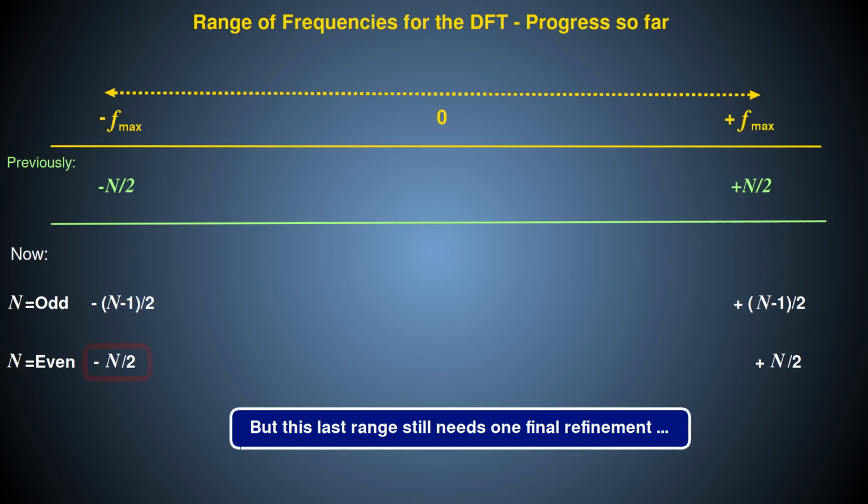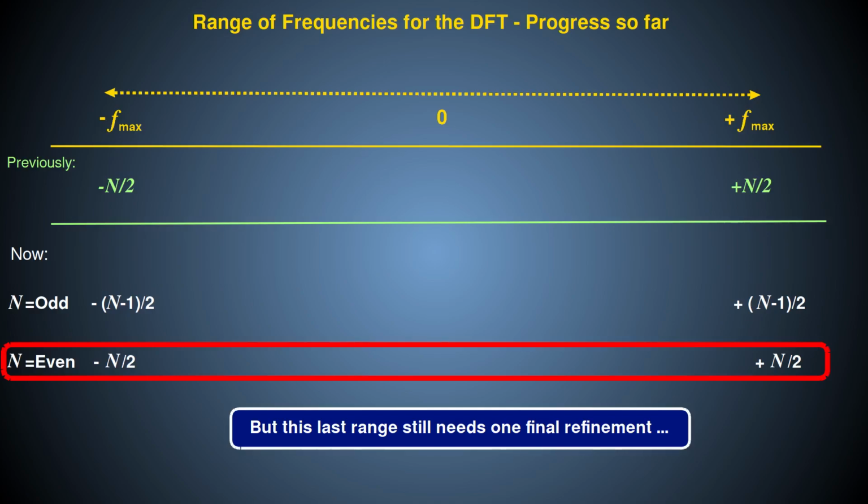This means that when n is even, such that we do have an exact Nyquist frequency available to us for the DFT, we must not use both the positive and negative exact Nyquist frequencies in our DFT range, or we'll overestimate the amount of Nyquist fluctuation in our signal by a factor of 2. This is because we'll effectively be analyzing for the exact same frequency twice.